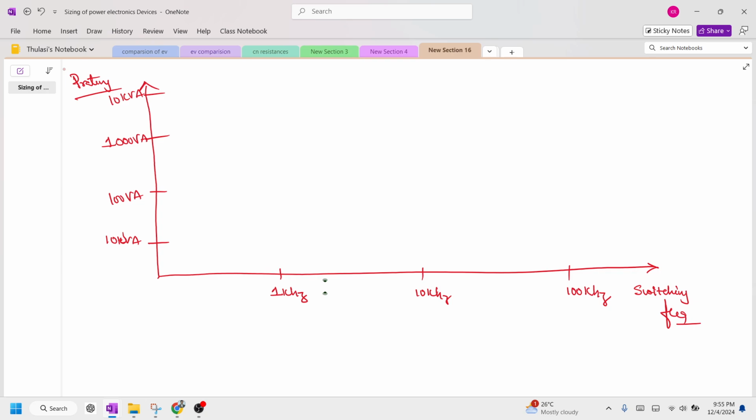The first device is the gate turn off thyristor.